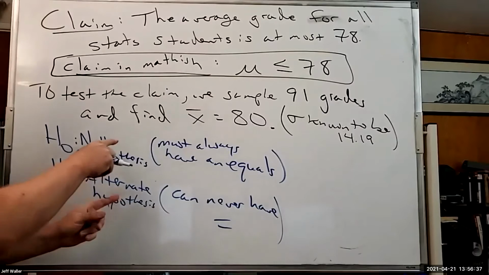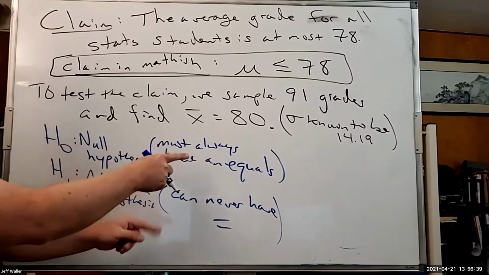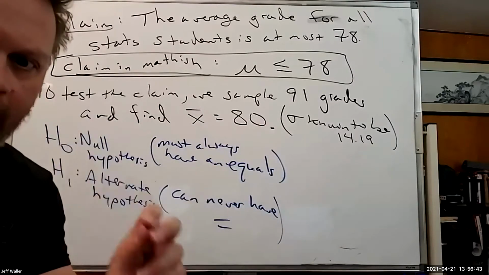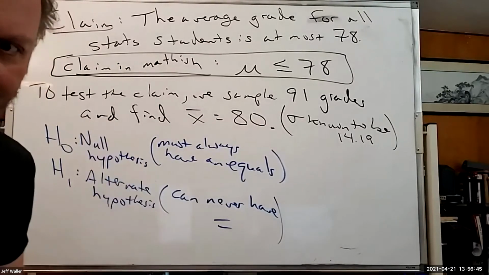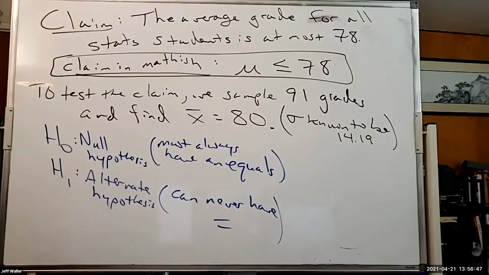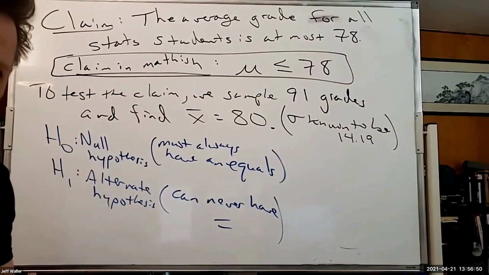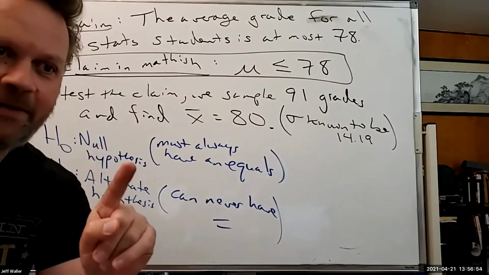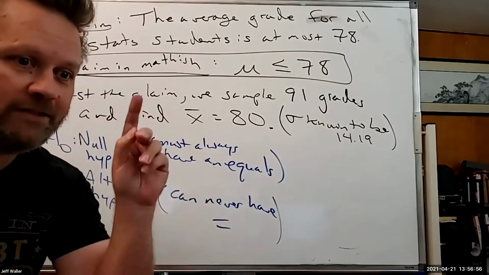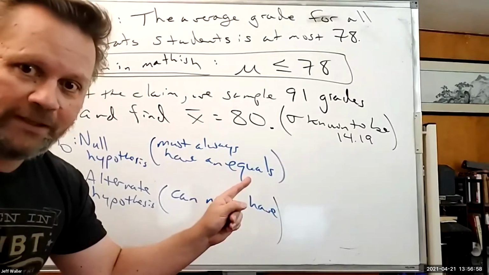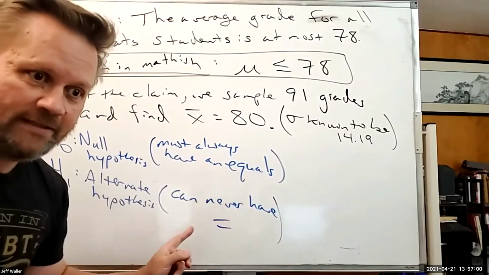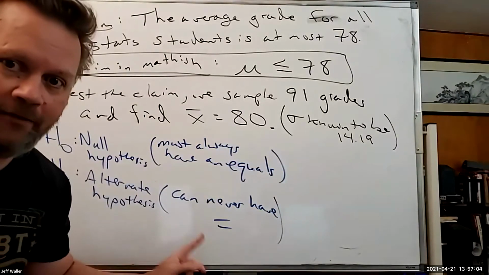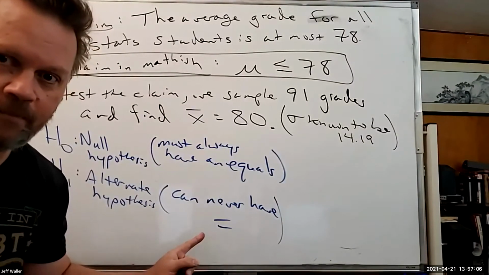So which one of these statements are we actually able to show evidence for? Null hypothesis? No. Because we just got done talking about the fact that you cannot show evidence for something equaling something else. And since this one won't have an equal sign in it, this is the one I can show evidence for. Now stay with me.